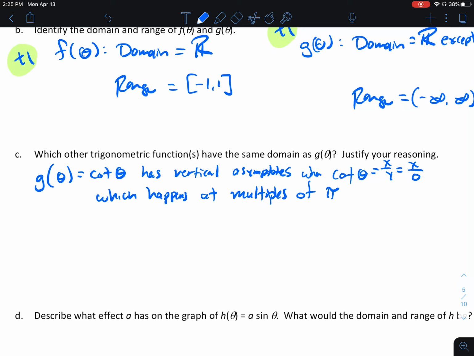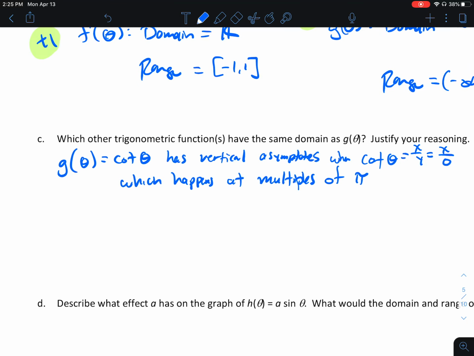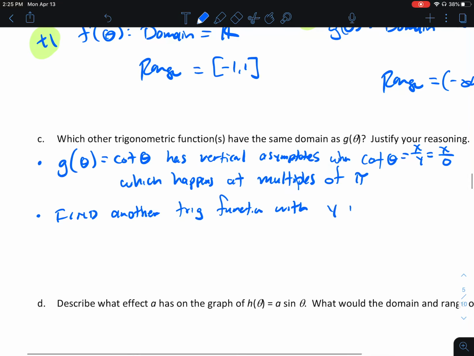So which other trig function also has a y in the denominator? That's what we're looking for. We are looking for another trig function with y in the denominator.